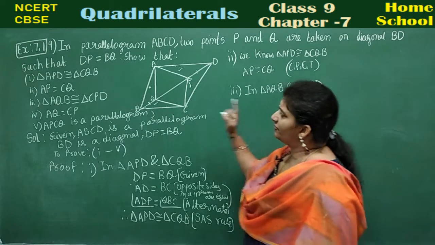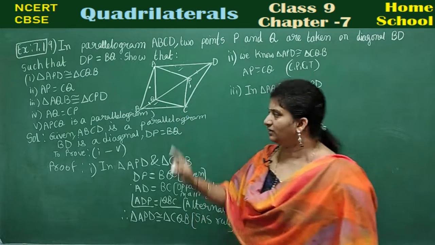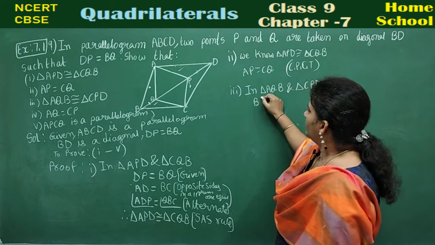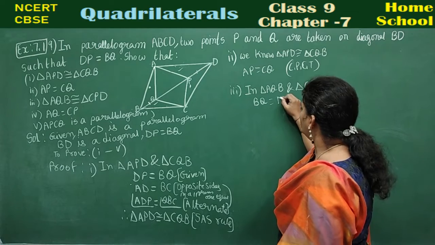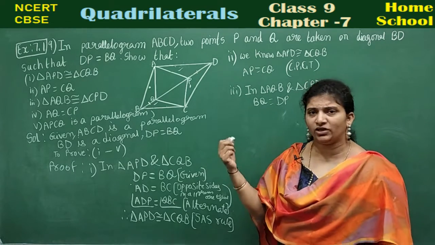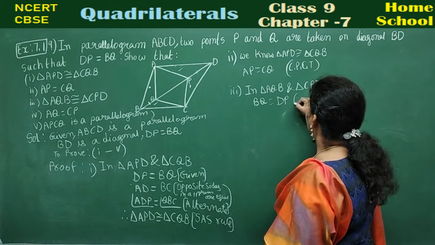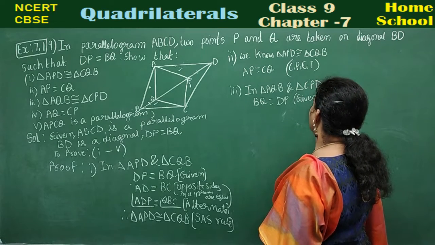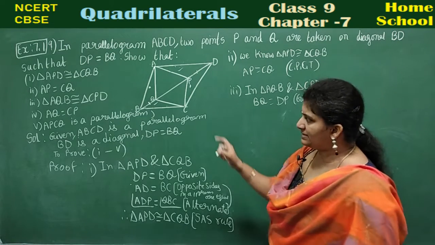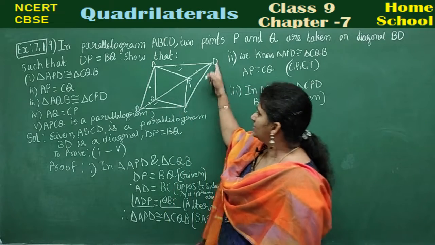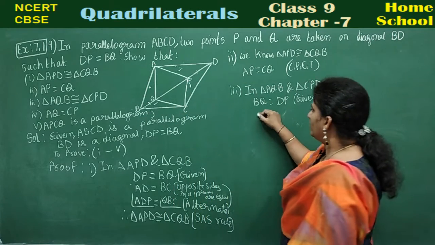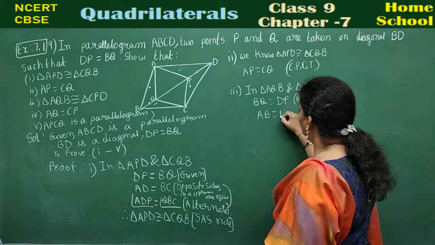AQB I have written first, so this one you start. BQ is equal to DP, or DP is equal to BQ, same. Reason: given. Next, AB is equal to DC.